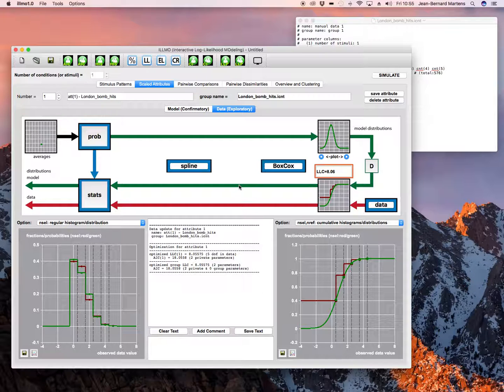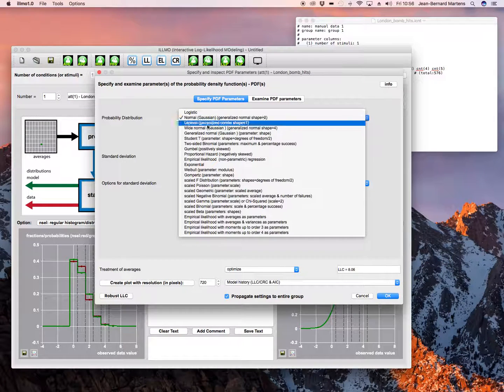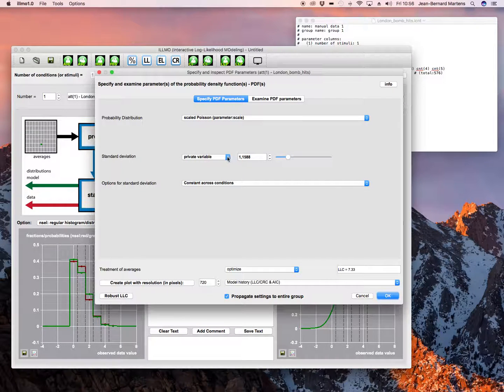Now, if the way the bombs fell on London were random, then on theoretical grounds we would assume that the distribution would be Poisson rather than Gaussian. So we can check that by choosing a scaled Poisson distribution, and actually the distribution should not even be scaled, but we could just assume an unscaled distribution.